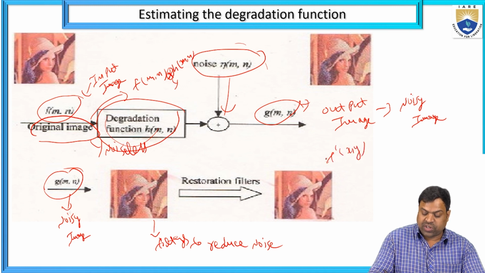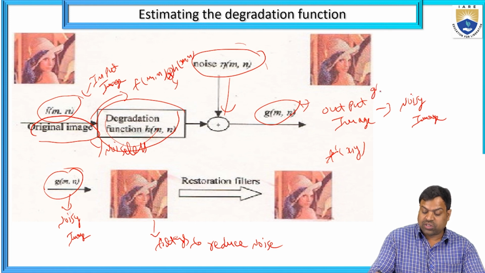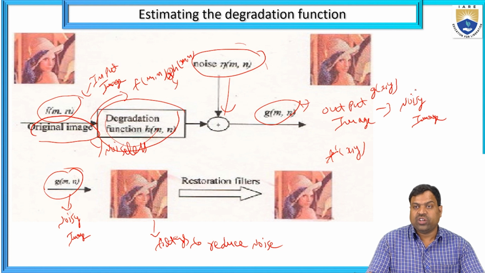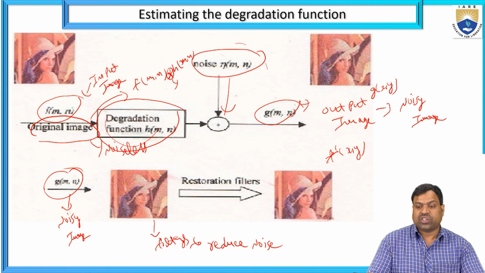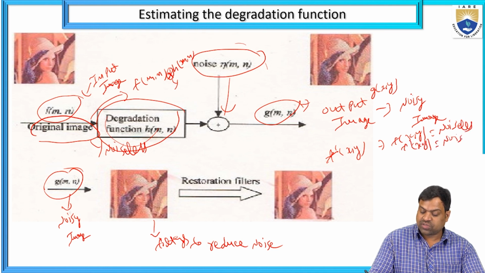Why am I taking f dash of x comma y? Here g of x comma y is the output, that is noisy. So I reduce or remove the noise from the original image. That is f dash of x comma y. Here we already know that f of x comma y is noiseless, so f dash of x comma y is also noiseless.